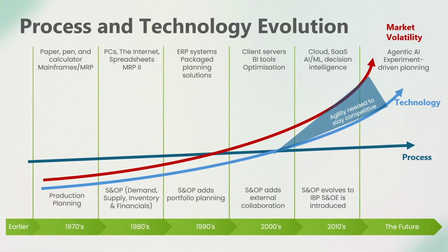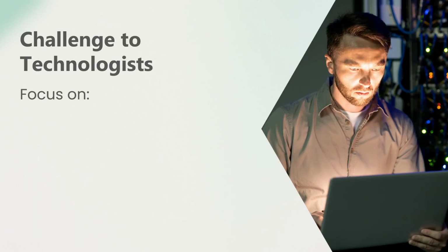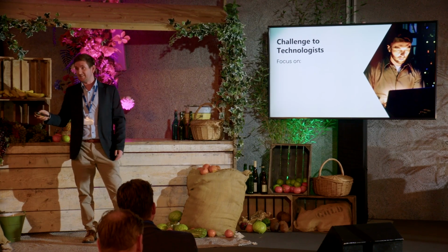And then to the technologists and vendors, we spend a lot of time looking at this gap between the market volatility, the risks, the issues that we have to tackle, and how the technology can advance to meet those. But let's not forget about the gap between our current process, our current S&OP process, and where organizations are trying to get to. So, some focus for the vendors and technologists in the room.